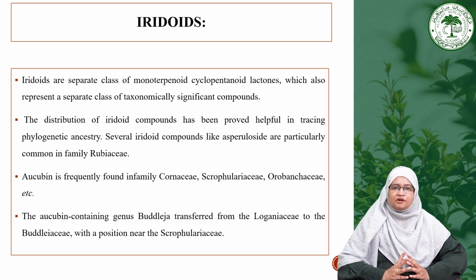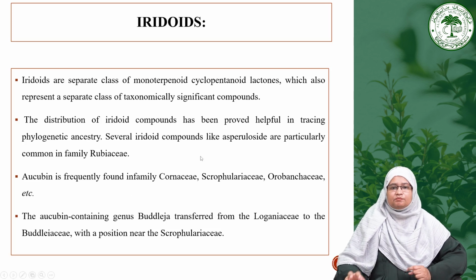Then the next group of compounds is the iridoids. Iridoids are a separate class of monoterpenoids, cyclopentanoid lactones, which also represent a separate class of taxonomically significant compounds. The distribution of these iridoid compounds has proved helpful in tracing phylogenetic ancestry.